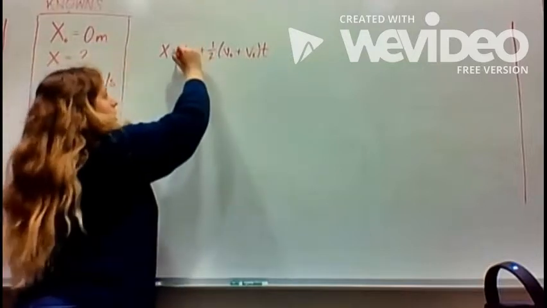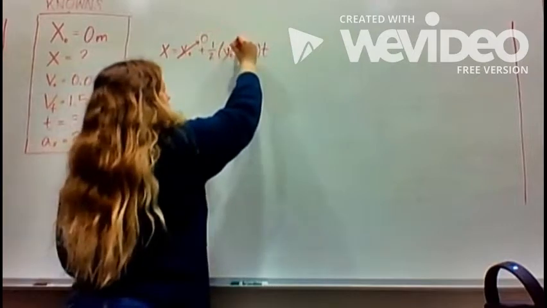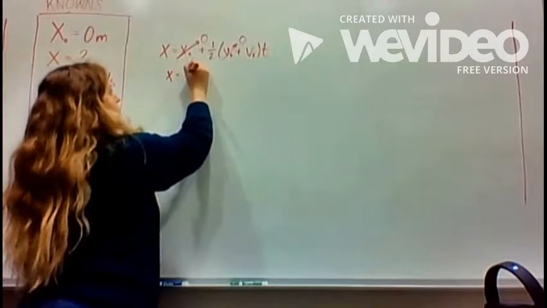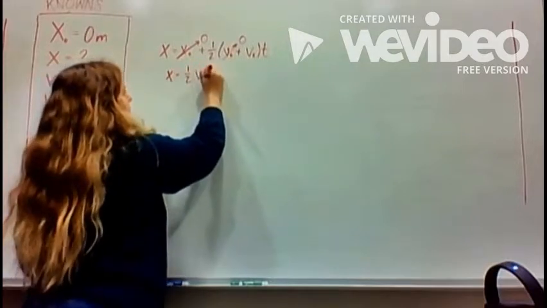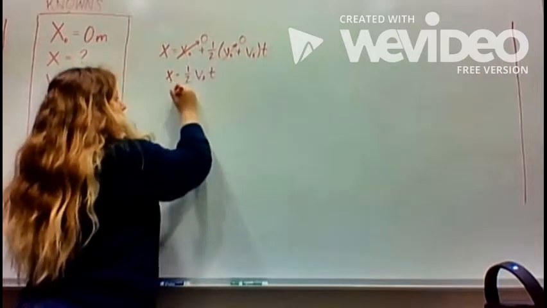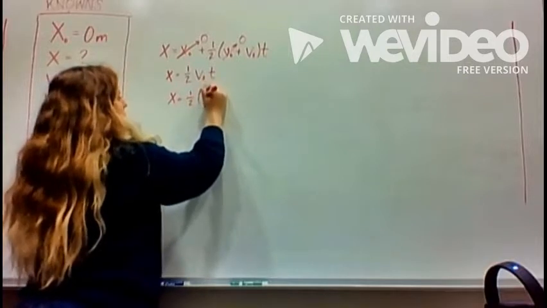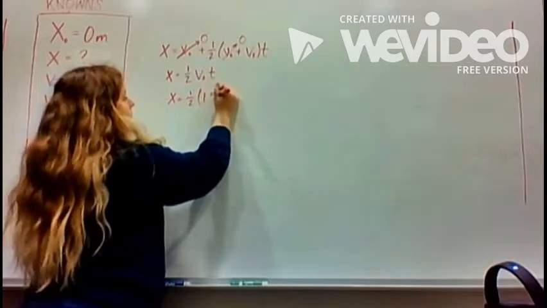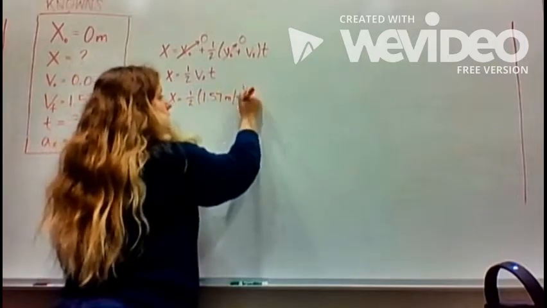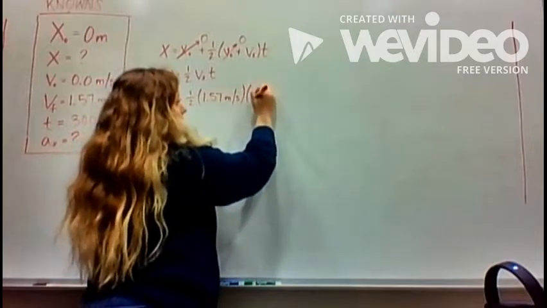So we already know that his x naught is 0, and we know that his v naught is also 0. So then that makes our equation x equals 1/2 vx t. And then we can just plug everything in. So we've got x equals 1/2 times vx, which is 1.57 meters per second, which we just found, and then the new t value that we created, which is that 5 minutes or 300 seconds.